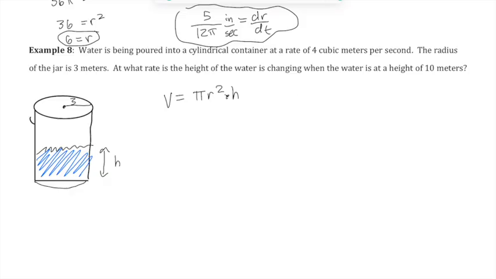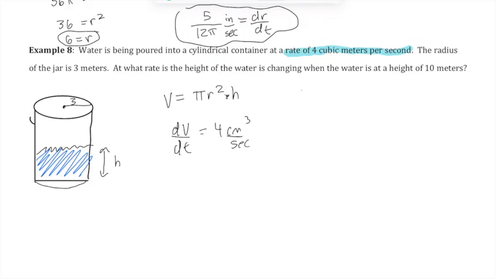Okay, so after we have the volume, let's see what values and units we are given. It does say water is being poured into some cylindrical container at 4 cubic meters a second. So that's how cubic meters per second is a volume rate. So that is dV/dt.